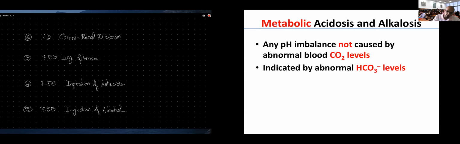All right, so I want you to tell me for each one of those patients, what's going to be the diagnosis? Is this respiratory, metabolic, and is this acidosis or alkalosis? So starting with number 2, blood pH of 7.2. What do you think? Is it acidosis or alkalosis first?